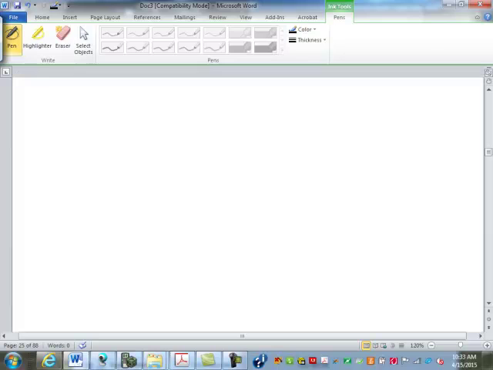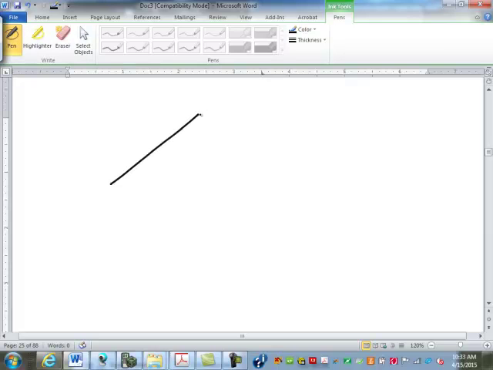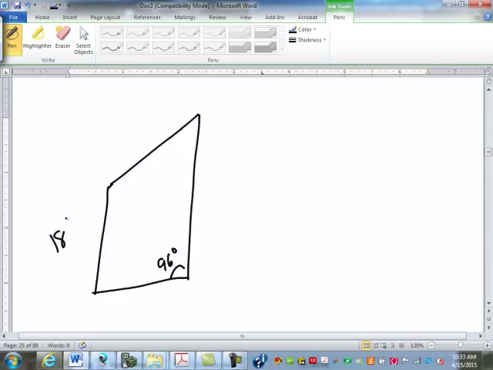For example, look at a shape like this. This is 96 degrees, 18 feet, 26 feet, and 15 feet.